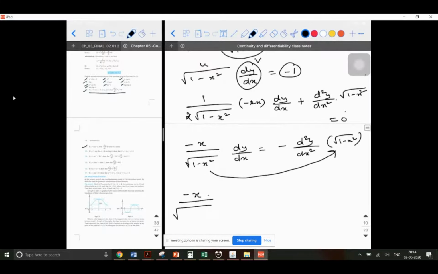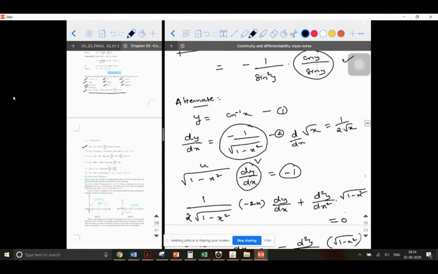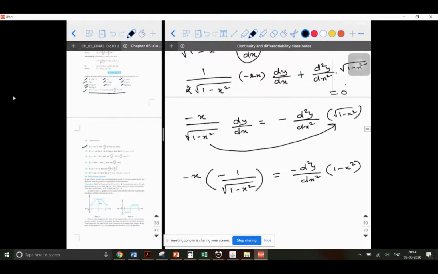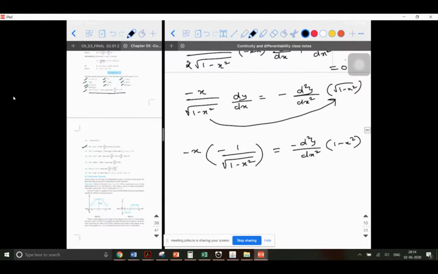So in the place of dy by dx, I am writing minus 1 by root of 1 minus x square, is equal to minus d square y by dx square into this root of 1 minus x square, which goes to the other side. This is agreed? Accepted? So x divided by root of 1 minus x square will be equal to minus d square y by dx square into 1 minus x square.